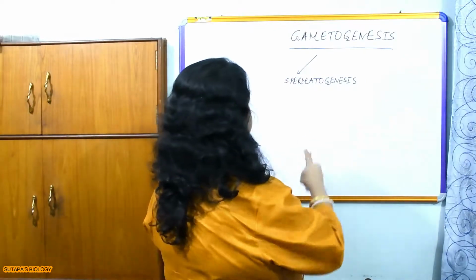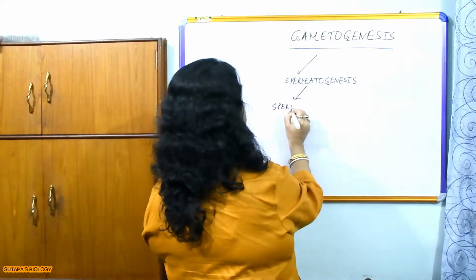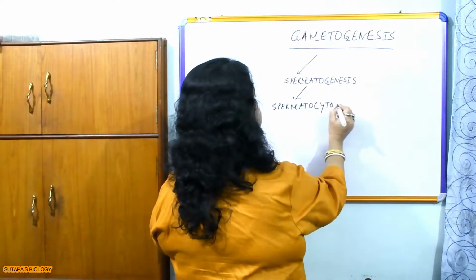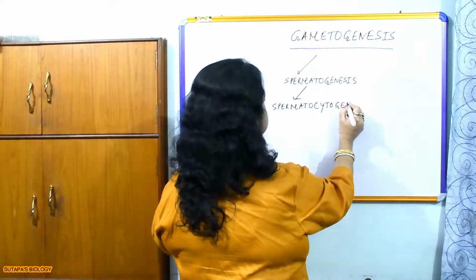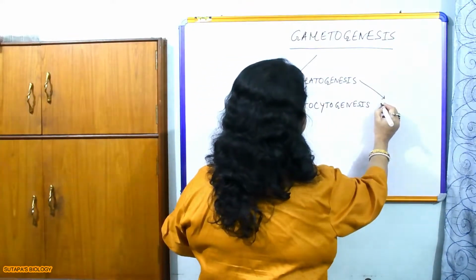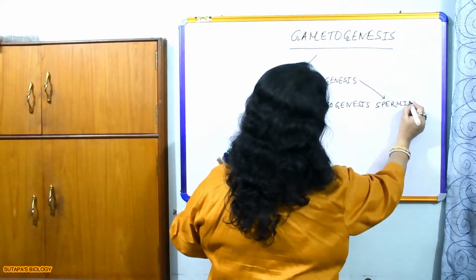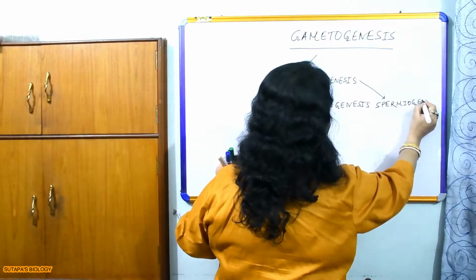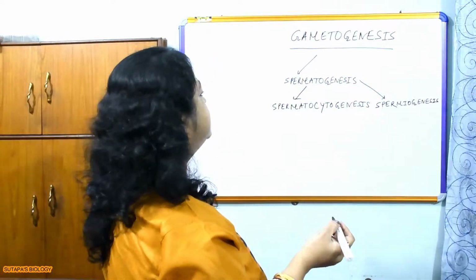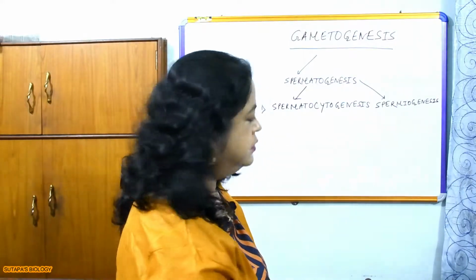It's divided broadly into two divisions, one is spermatocytogenesis, and number two is spermiogenesis. So what are these two divisions of spermatogenesis?